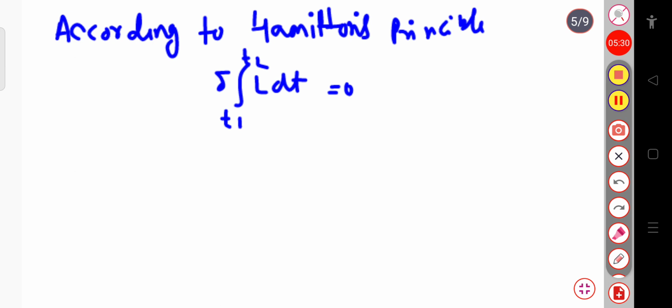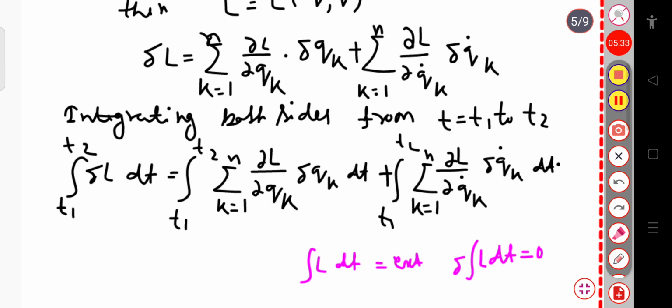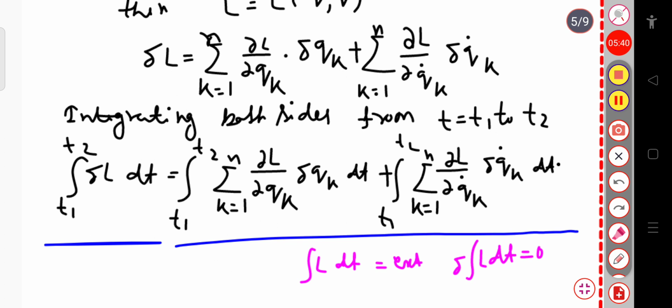So in place of this, delta L dt equal to 0, you can see from this expression that if delta L dt equals 0, then the right hand side terms will also equal 0, that is dou L by dou qk into delta qk dt, plus dou L by dou qk dot into delta qk dot dt.